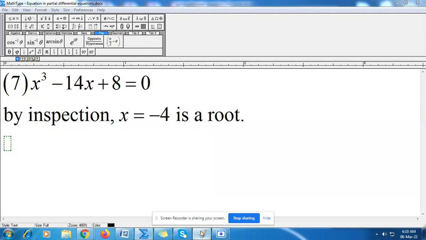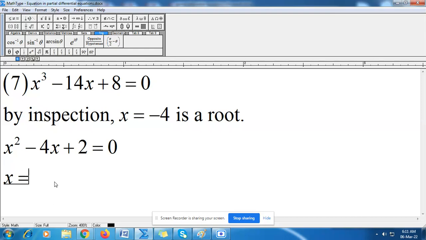So x square minus 4x plus 2 equal to 0. Here also we have to use the quadratic formula because it is not possible to factorize.